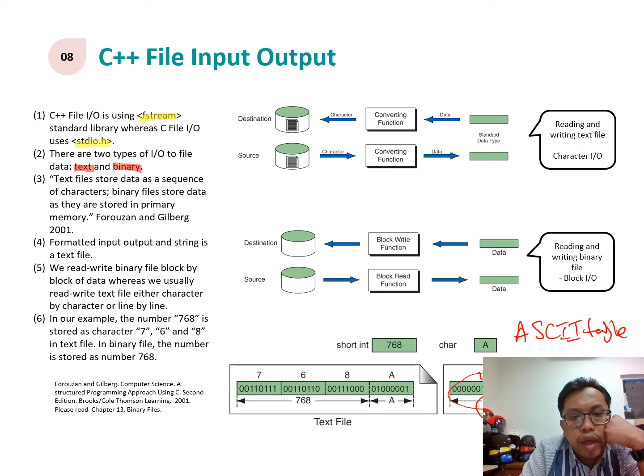Whereas if you read and write as a text file, it will show you a character for each of them. First you will store A as the ASCII table value of capital A, and then the character 8, and then 6, and then 7, and so on. That's the difference between the binary file and the text file.